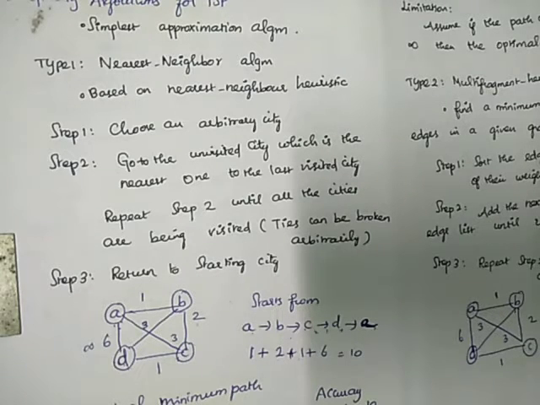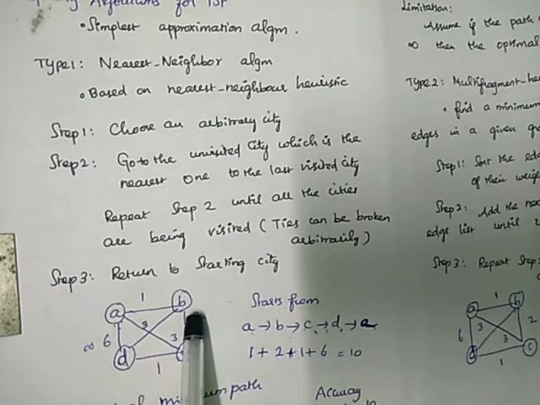Let me explain with an example. In this example, we have 4 cities A, B, C, D. Take A as the source. A is connected with B, C, D with edge costs 1, 3 and 6.